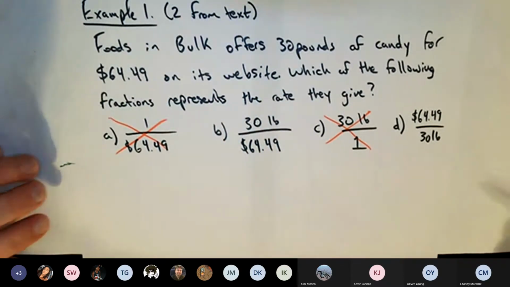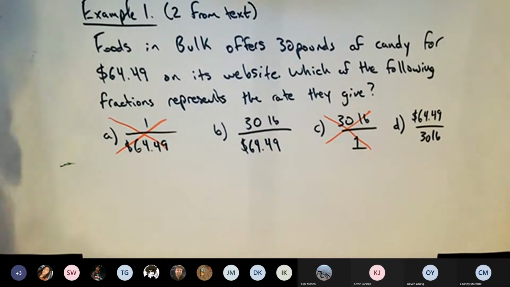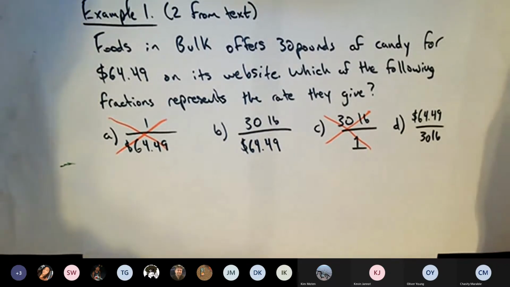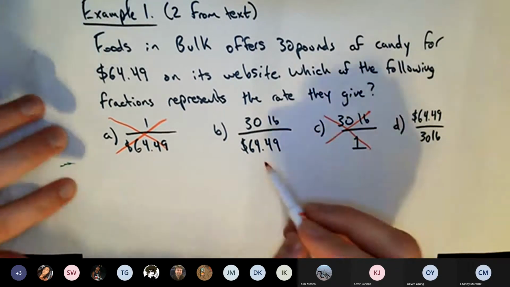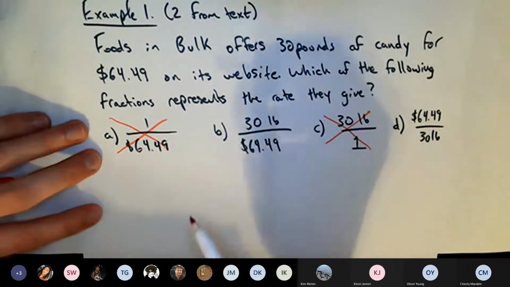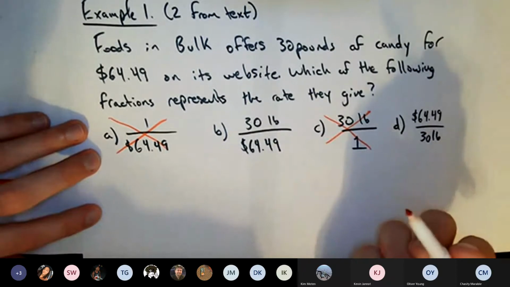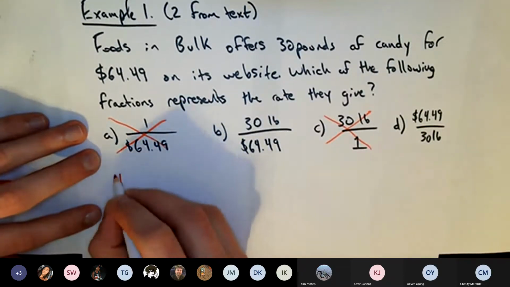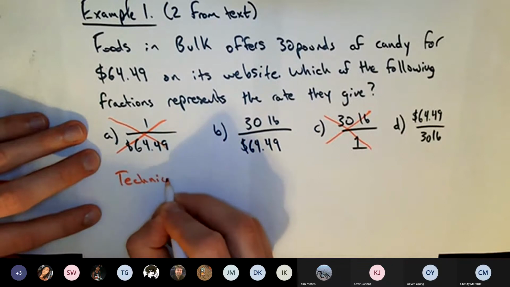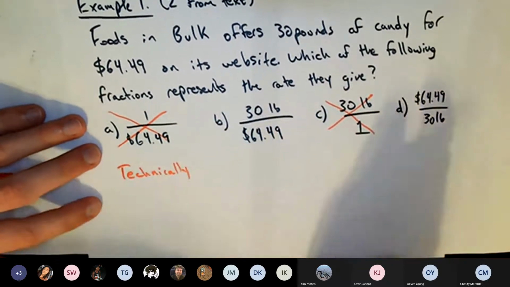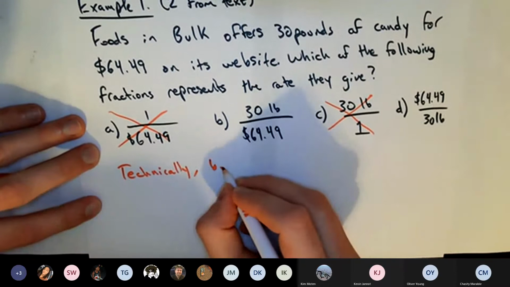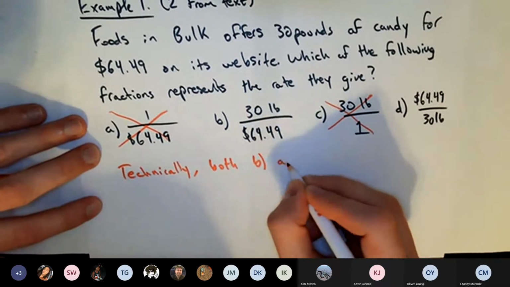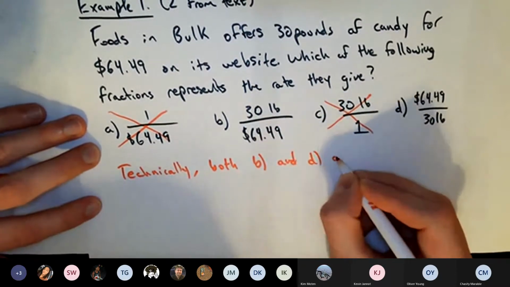Now, I said before that typically we write money in the numerator, so you would say D, but really, technically, there are two correct answers here. For the purpose of math class, B and D. Let me write down what I'm saying so you can see it. Technically, both B and D are correct.